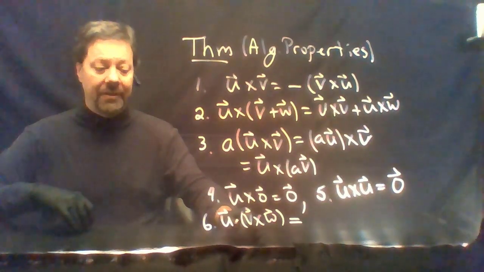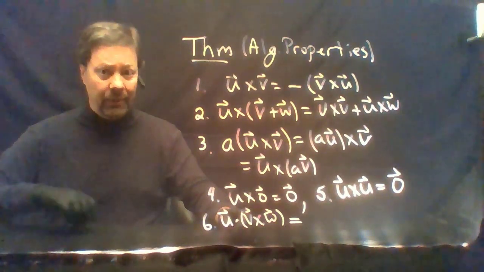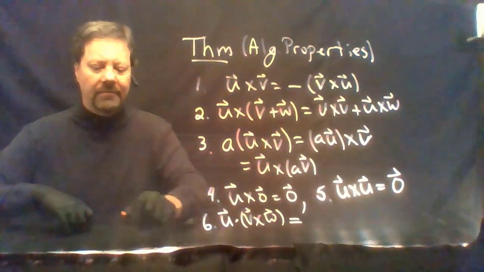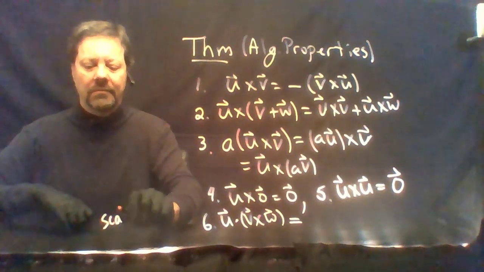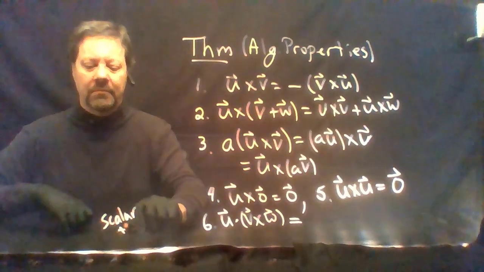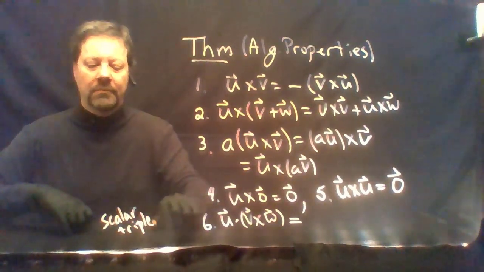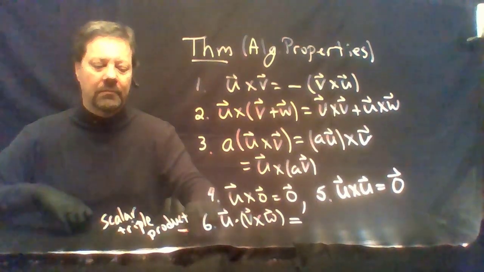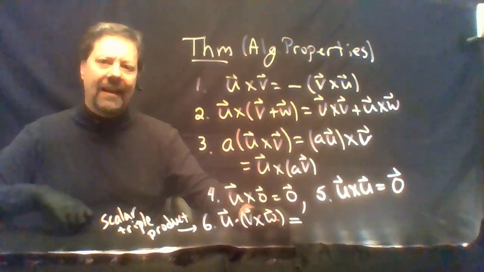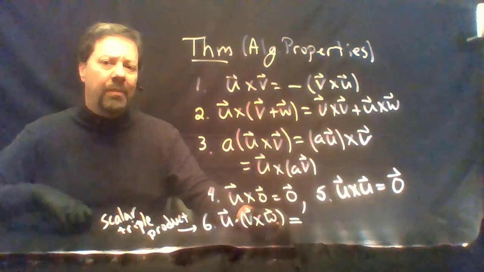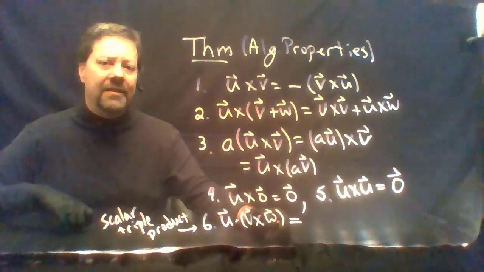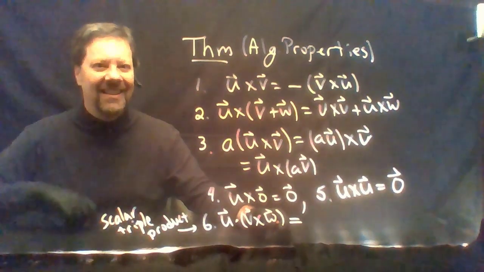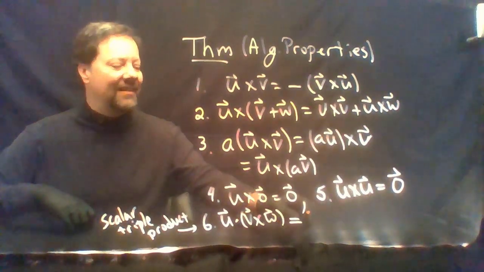It is scalar valued because after you do a dot product, you get a real number. And the scalar triple product is invariant under cyclic permutations of the factors. I'll tell you what that means in a moment.